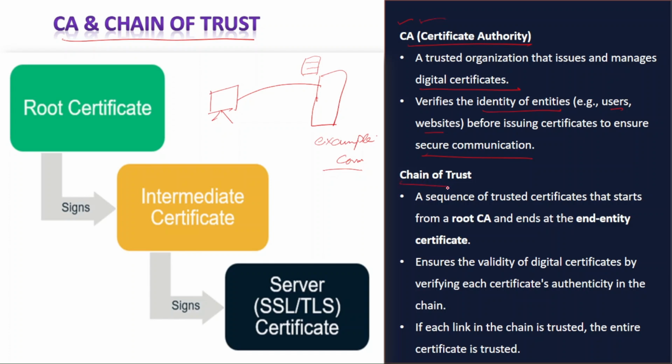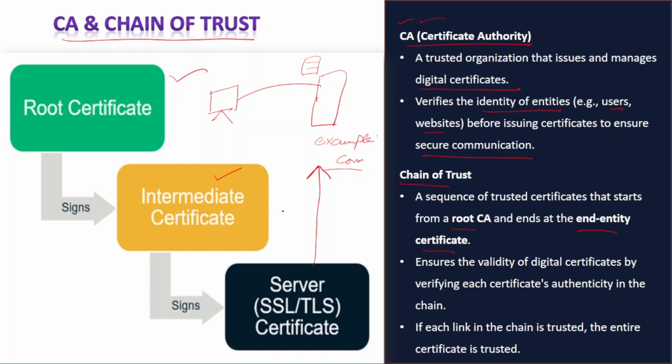What is the chain of trust? It is a sequence of trusted certificates that starts from a root CA and ends at the end entity certificate. So this is how the chain of trust looks like. At the top you have the root CA, and then you have a single or multiple intermediate CAs. And this is the end certificate. Let's suppose the server certificate that is finally issued that we were talking about.